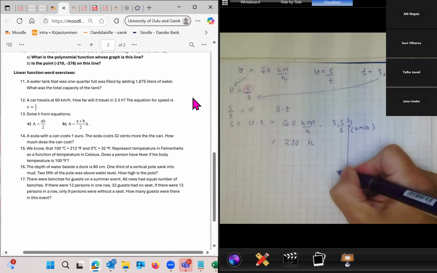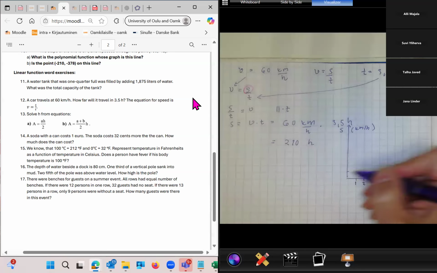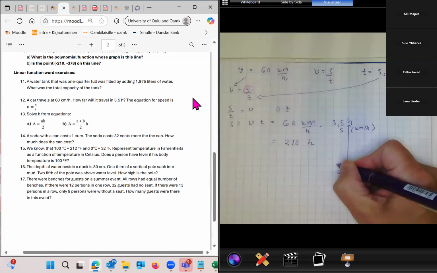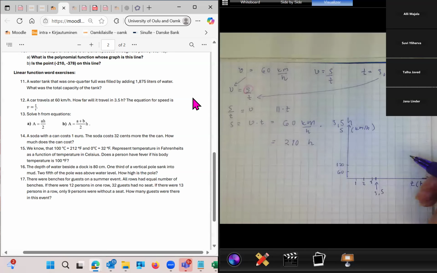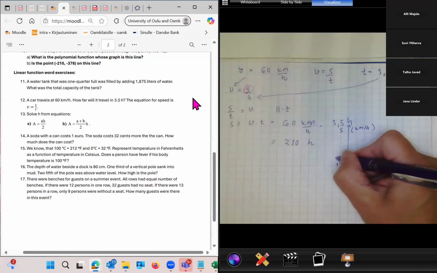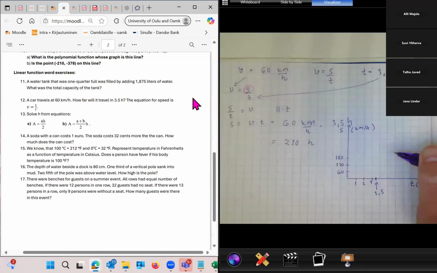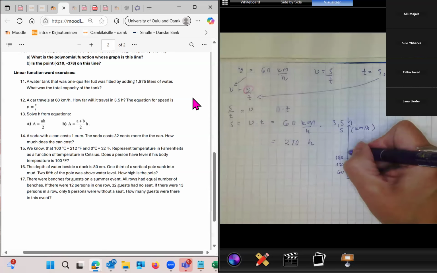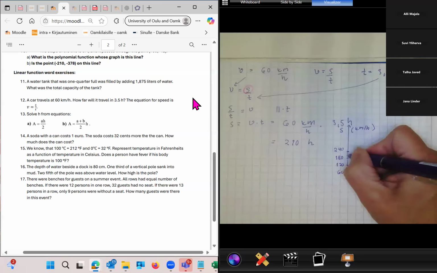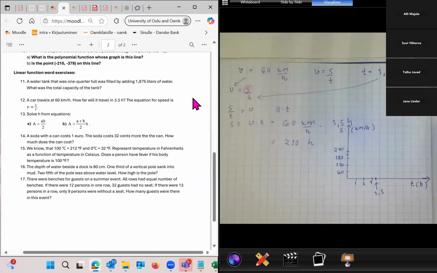So maybe it would make sense to make this 60. In 2 hours you would be at 120, in 3 hours you would be at 180, and in 4 hours you would be at 240. But then you wanted this in between, which was the 210.